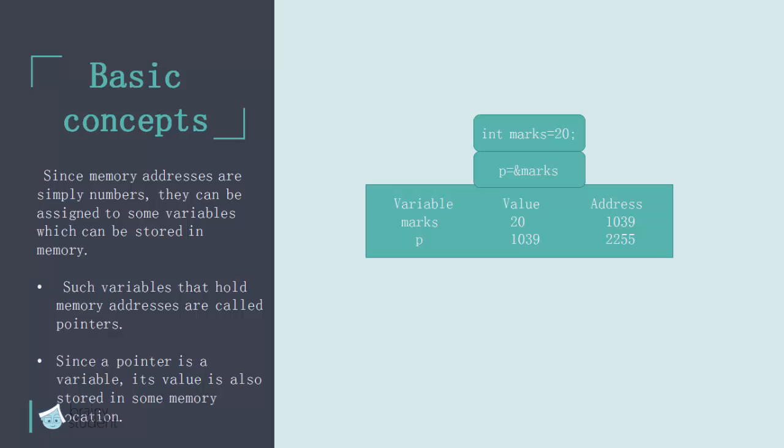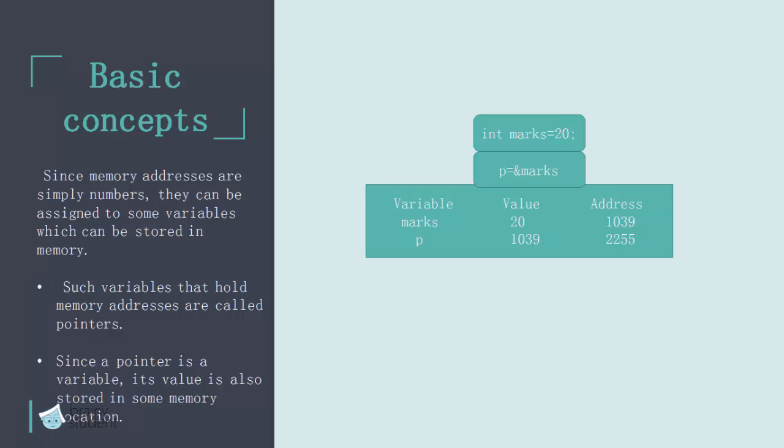Now, since memory addresses are simply numbers, they can be assigned to some variable which can be stored in memory. Memory addresses start from 0 and go on, depending on the size, how many bytes, how many KB, how many MB of memory you are using.